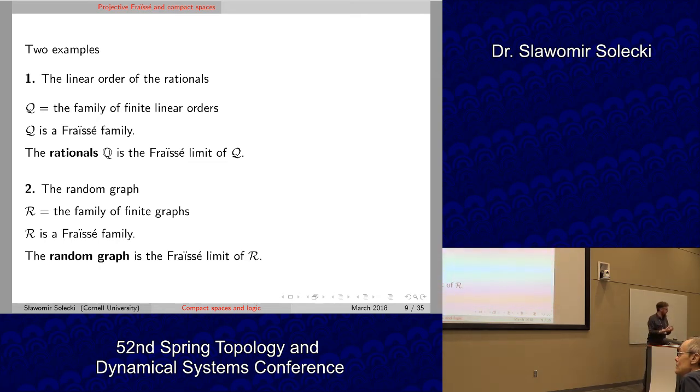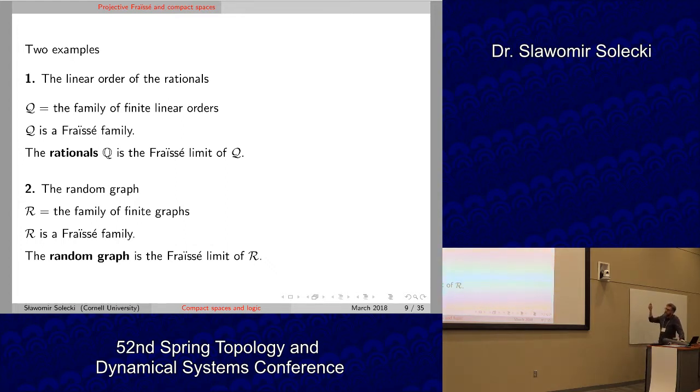And then one can do something different. For example, look at the family of all finite graphs. Again, it's a countable family. There are only countably many finite graphs. The amalgamation property holds. Just check it by hand. So it's a Fraisse family, so there is a limit. Well, if you think of the most generic countable graph, it's the random graph. This is maybe an object that is a little less known.